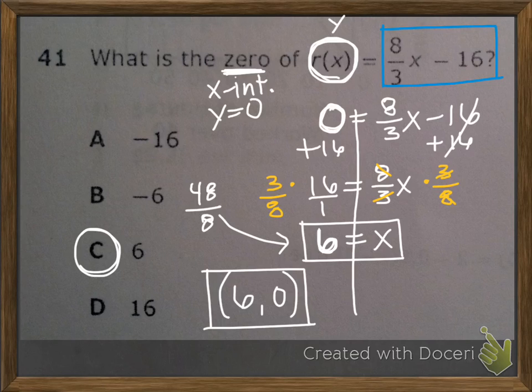But then remember, if you press Control T, that'll pull up the table, and you'll scroll through your table to where your y value equals 0. When you find that, it should say that x equals 6, so that is your 0. The reason why we call 0 another name for x-intercept is because that's where the value of the function equals 0.